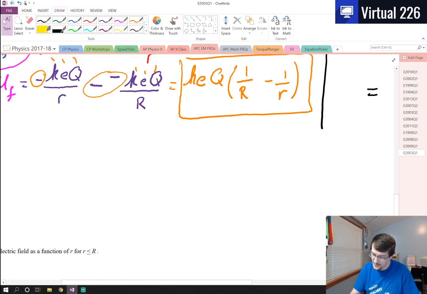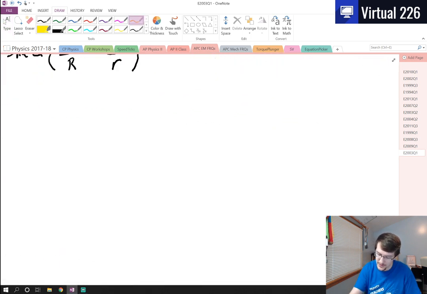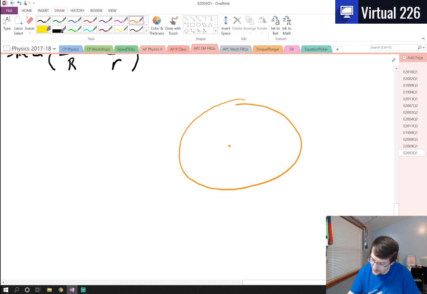And the way you can think about this, and I'll draw this way over here because we may need the space, is if I have some sphere that starts at 0 and goes out to big R, what we're essentially doing is saying, let's take all of the density throughout this region right here, and figure out that density multiplied by the volume of that little sphere. That's going to give us some charge. And then we're going to take the next piece, and how much charge does that give us? And then how much does that give us? And how much does that give us?